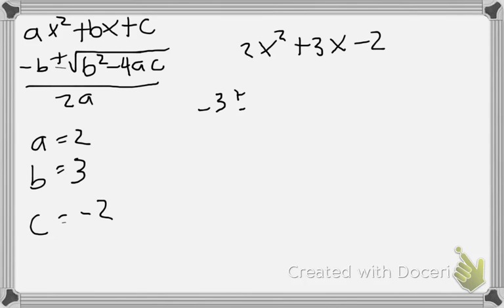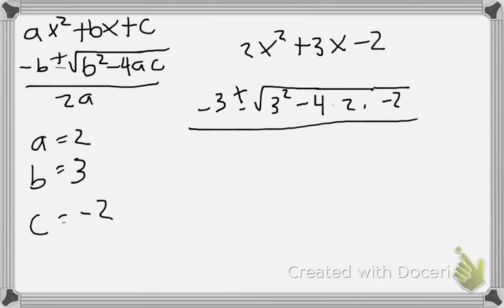And then we're going to take plus or minus the square root of b squared, which we know is -3, so we'll take -3 squared, minus 4 times a, which is 2, times c, which is -2. And that's all under the square root sign. And that entire expression is going to be over 2 times a, which is 2.